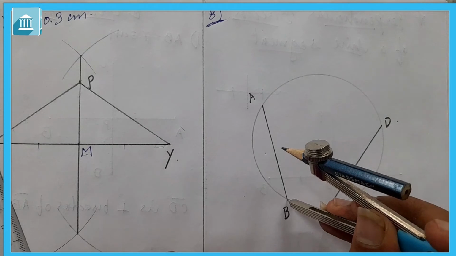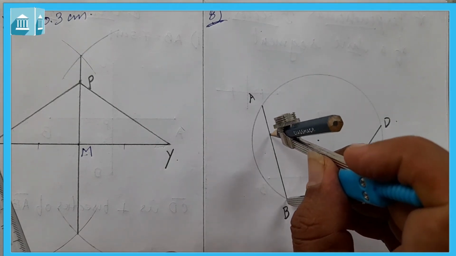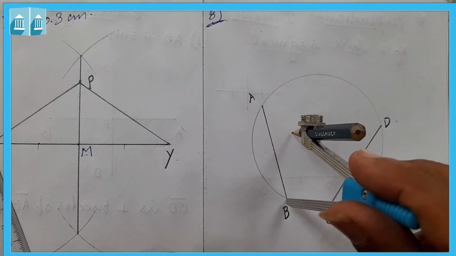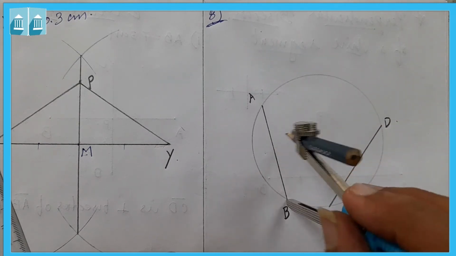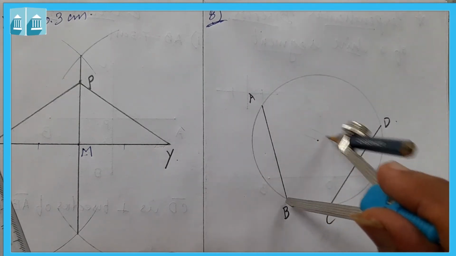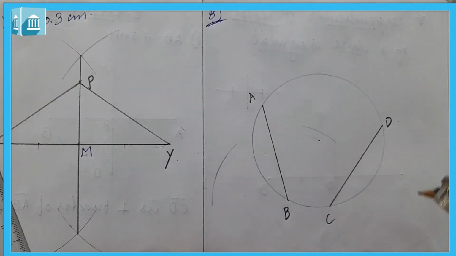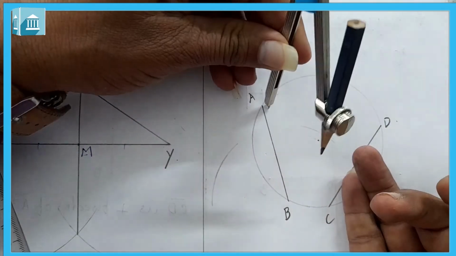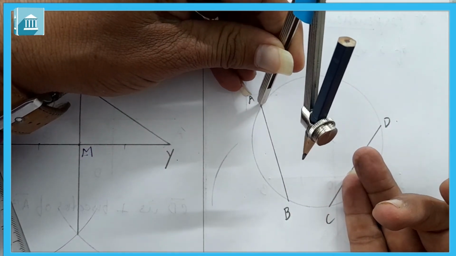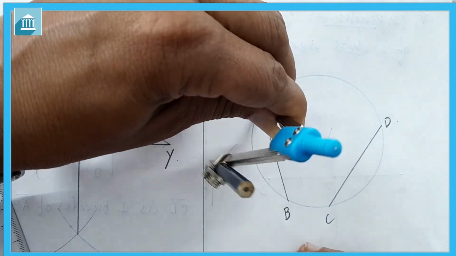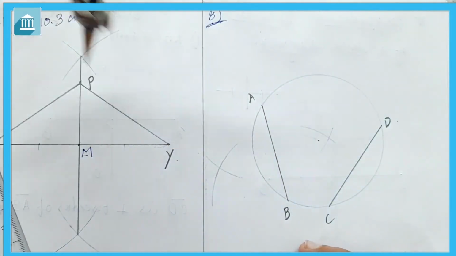Same as we did for line segments, with radius more than half we will draw one arc here, one arc here. In the same way from A also we need to draw one arc here and one arc here.